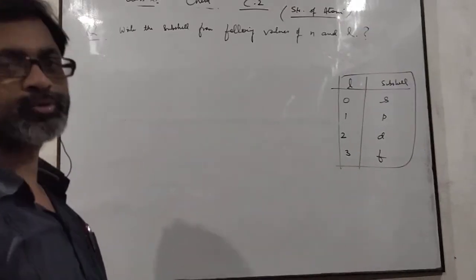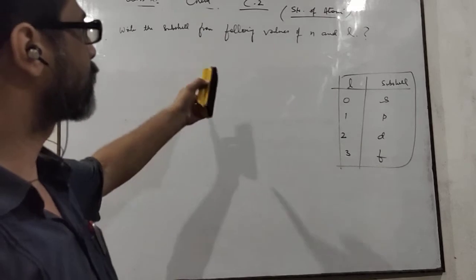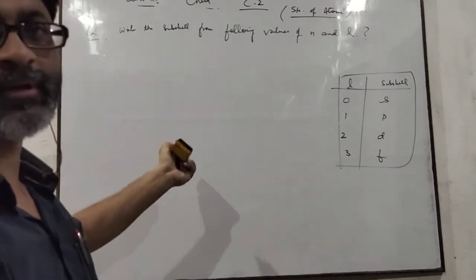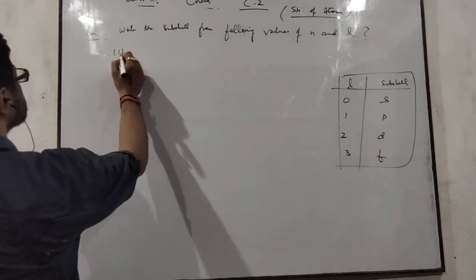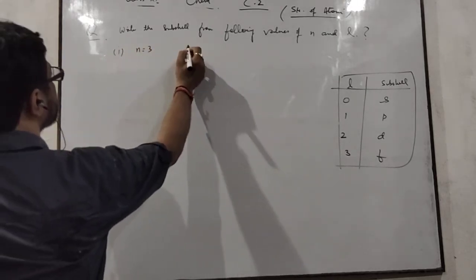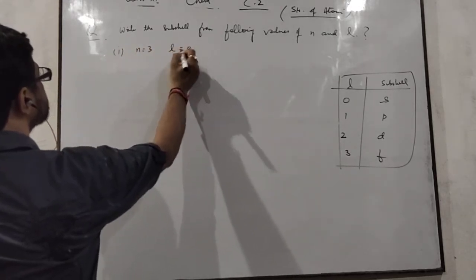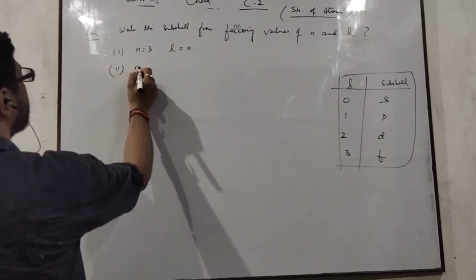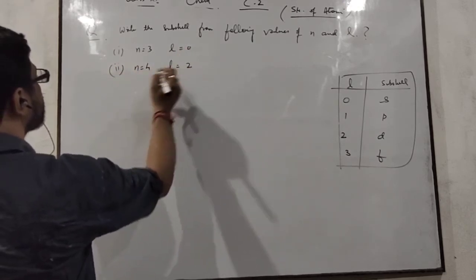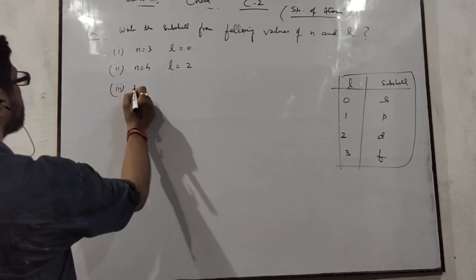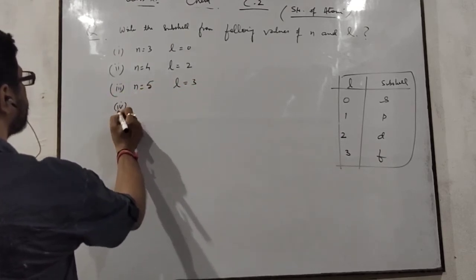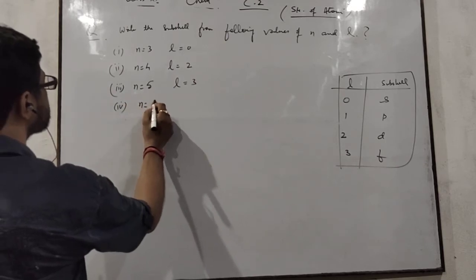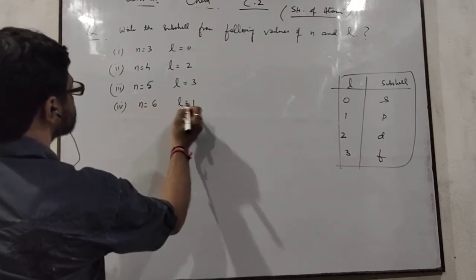Means the values of n and l are already given, and you try to write the subshells. First one is n equals 3, l equals 0. Second one, n equals 4, l equals 2. Third one, n equals 5, l equals 3. Fourth one, n equals 6, l equals 1.